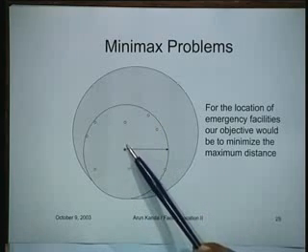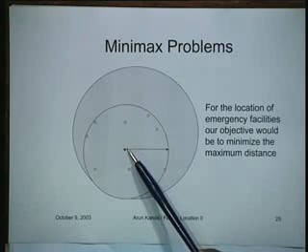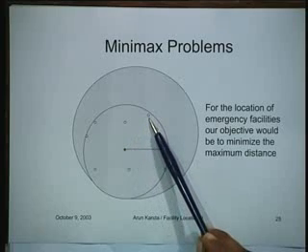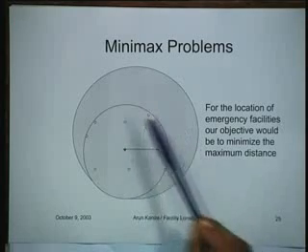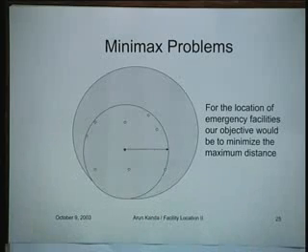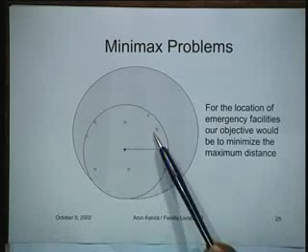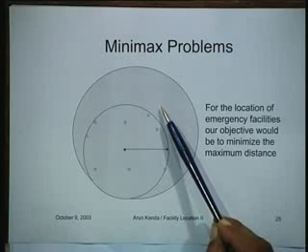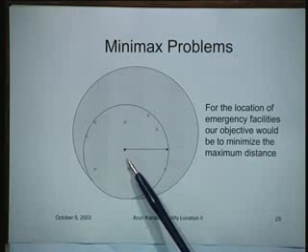So really speaking, the location of the fire station should be such that it should be nearest to the farthest point, right? So you are trying to minimize the maximum distance.